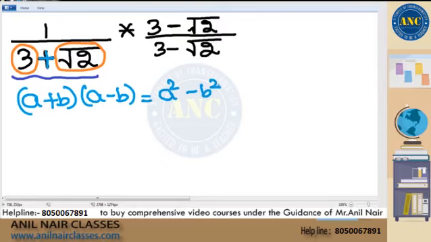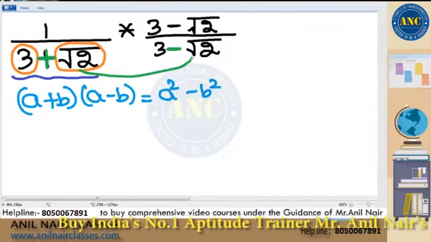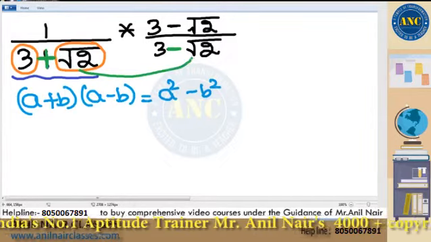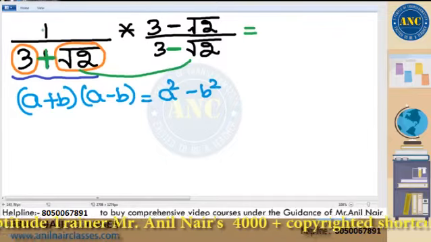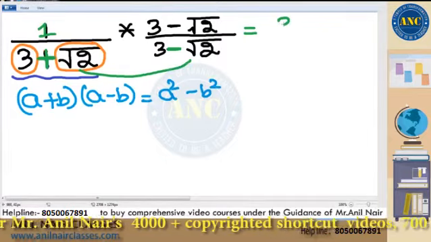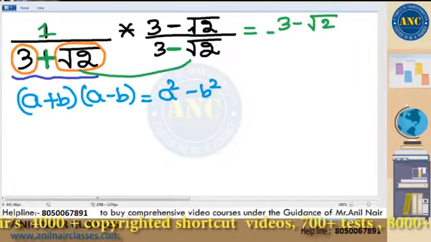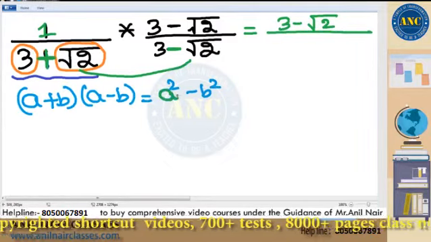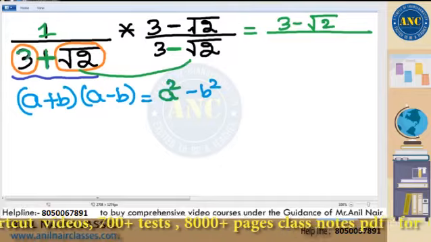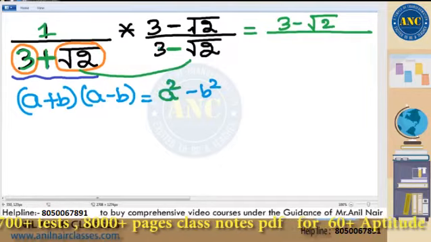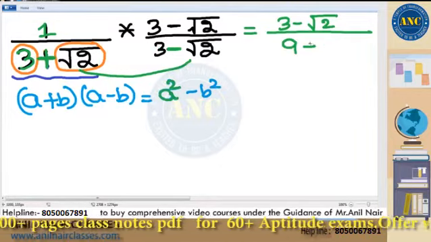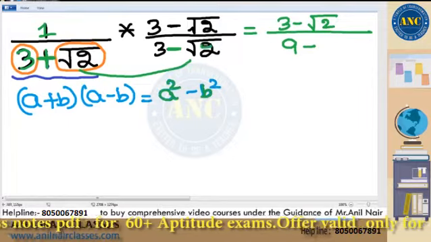That is the reason I told you, if it is expressed as a plus b, try to express the other term as a minus b, so that I eliminate the surd and get the answer a little easily. So this can be written as 1 into 3 minus root 2, divided by a square minus b square. A is 3, so 3 square is 9, minus b square, where b value is root 2.